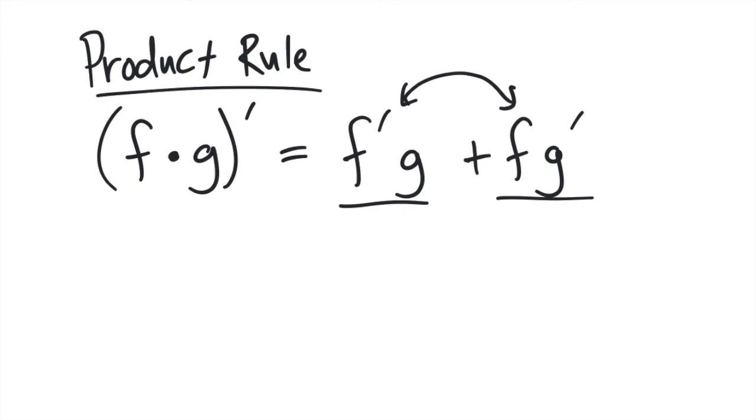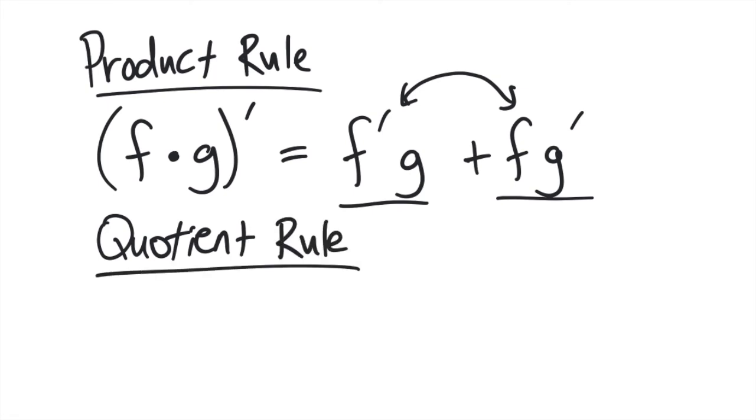You can basically remember them exactly the same, or almost exactly the same, for both the product rule and the quotient rule. Because here's what the quotient rule says. The quotient rule is saying that when you have division, which, by the way, is not commutative, unlike multiplication, let's say you have a function f on the top and a function g on the bottom, and you're taking the derivative of that.